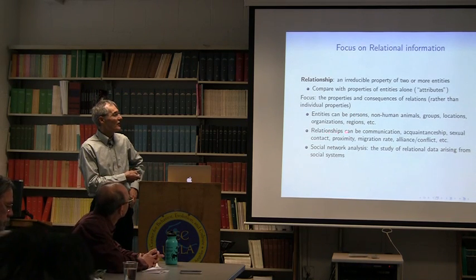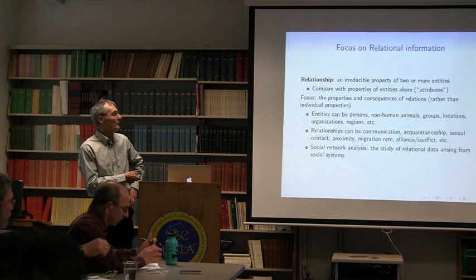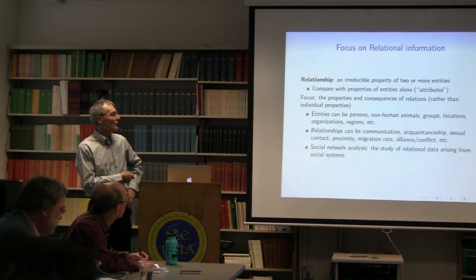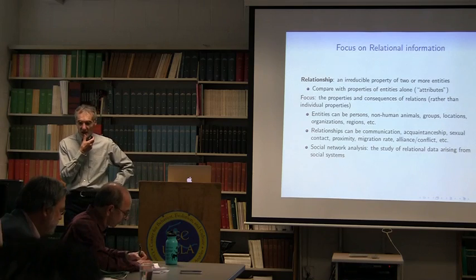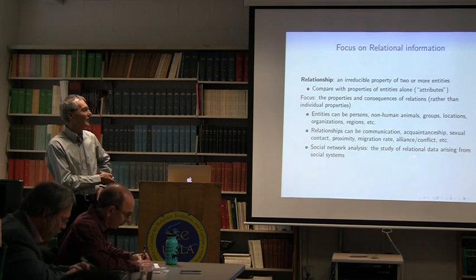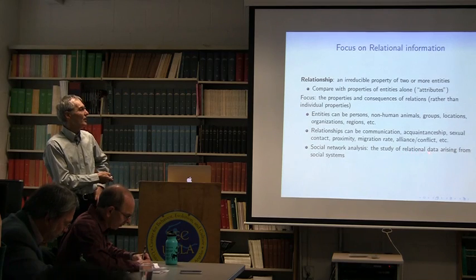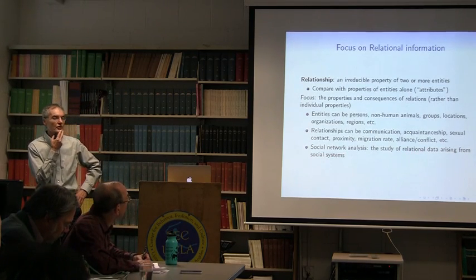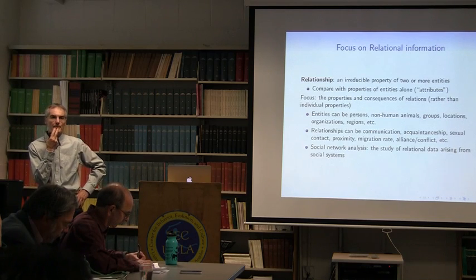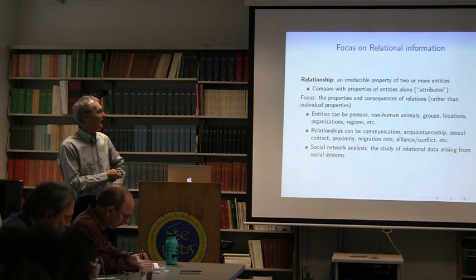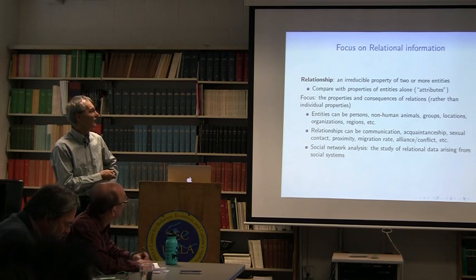The forms of relationship could be very varied: communication, friendship, proximity, or so on between them. And so then we can define social network analysis broadly as a study of relational data where the data itself is arising from the study of social systems defined in this way. So fundamentally, social network analysis is about relational information.